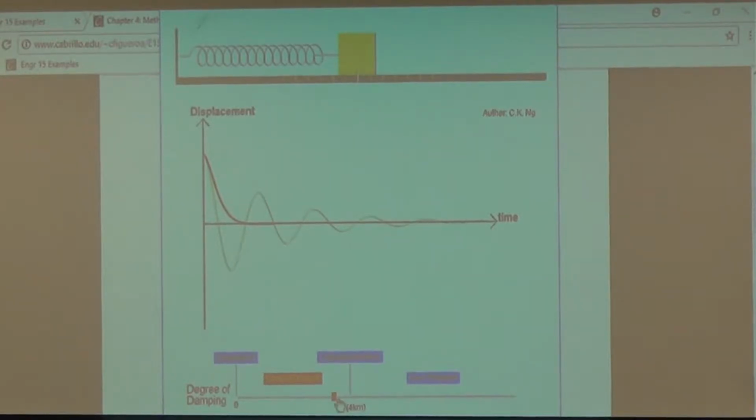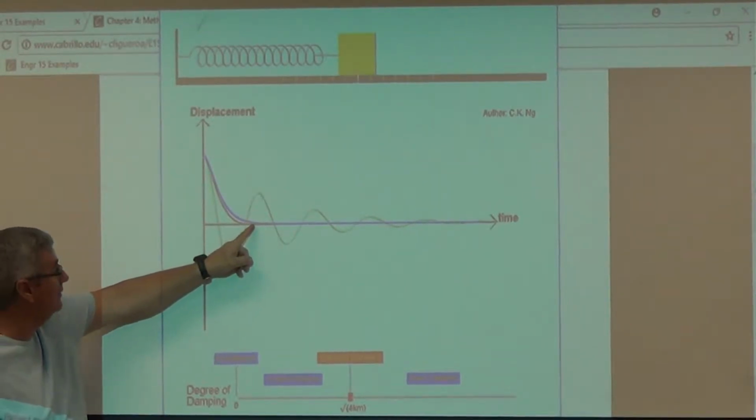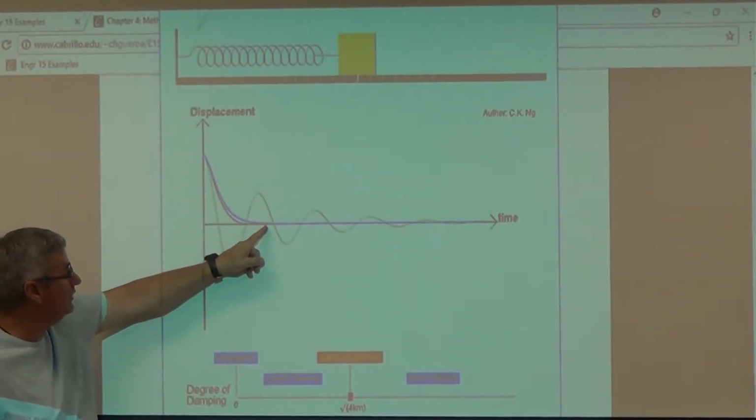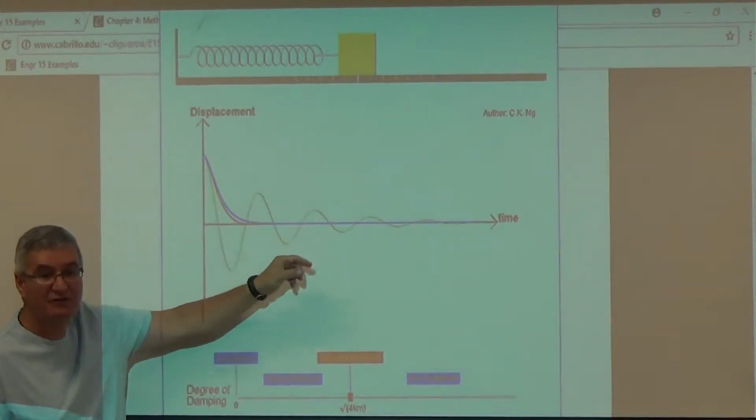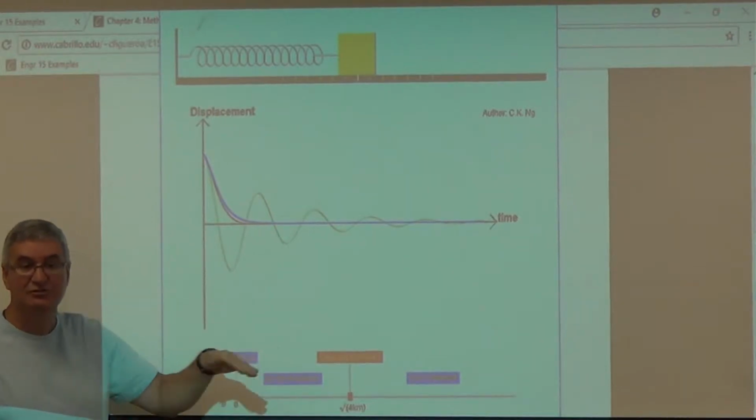But if I go to where this is critically damped, what you're seeing is that when it's critically damped, this is the fastest way to zero. So if I look at this, it looks like the blue is taking longer, but remember this brown one is doing what? There's an oscillation, a very small oscillation. But this guy is the fastest way to do that.